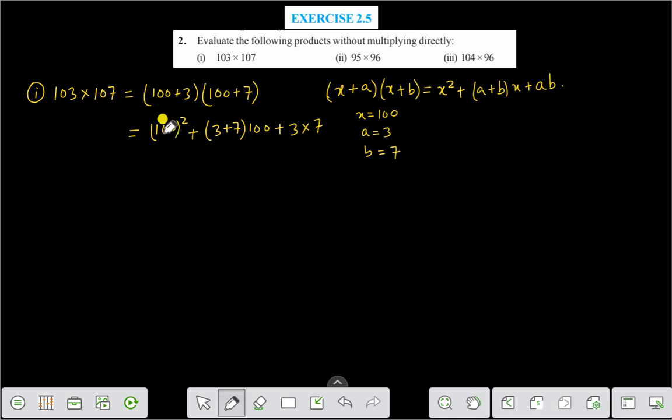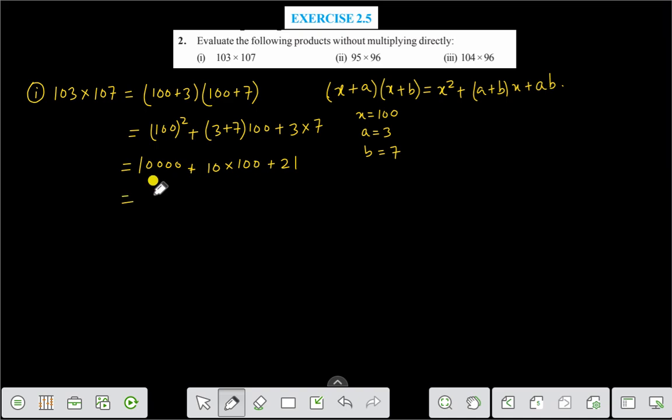Therefore we are getting x square, 100 square, plus (a plus b) which is 3 plus 7, x is 100, plus ab, 3 into 7. 100 square is 10,000, plus 3 plus 7 is 10, into 100, that is 1,000, plus 3 times 7 is 21.